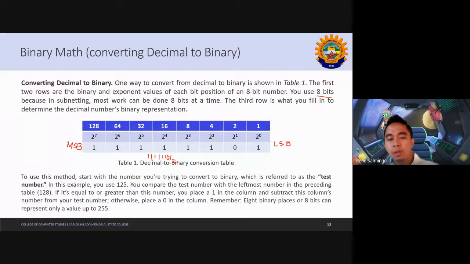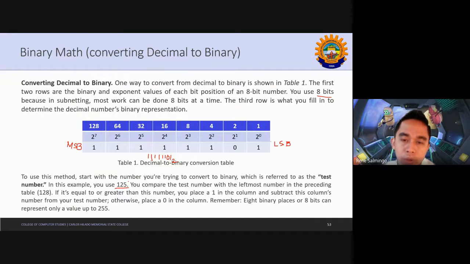Your value would be what? 1, 2, 5, because you subtract 2 from what? You subtract 2. So this would be your value.